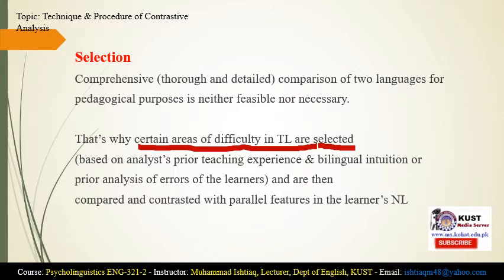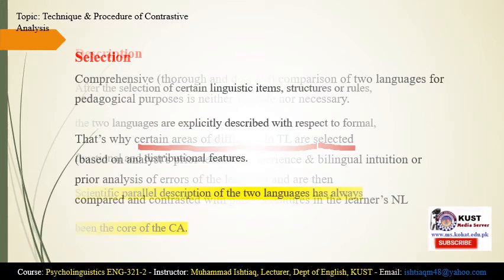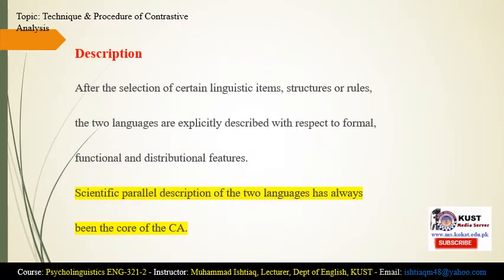When you have these criteria, on the basis of them you select certain areas. Then you compare and contrast parallel features in the learner's native language with those of the target language.